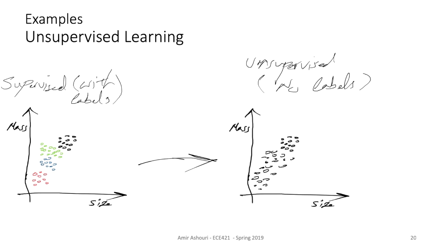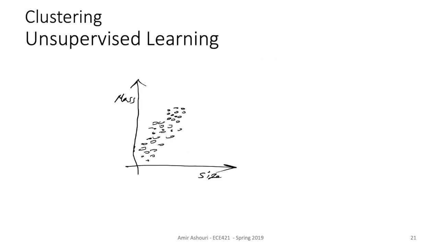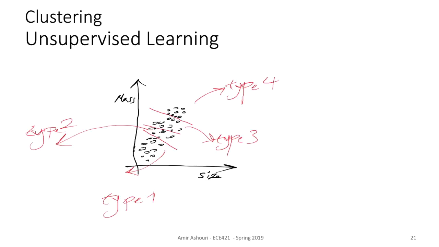Though you don't know what they are, you can tell with some accuracy that, okay, this is one type, I don't know what type, but I can call it type 1. And that could be type 2, because I think these are different in mass or shape or weight. And I have 2 more types as well. It might be that these lines that I draw are not perfect, but at least I know that there are some types.